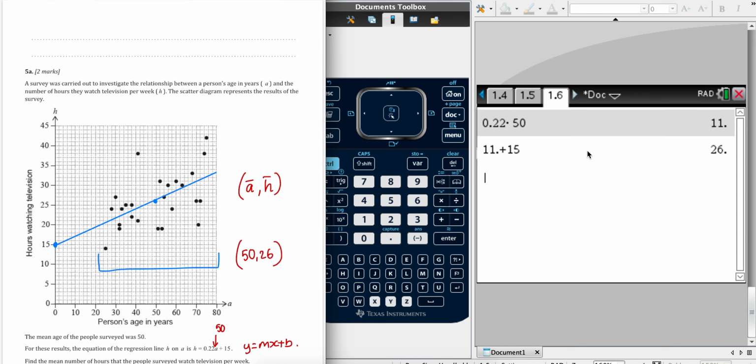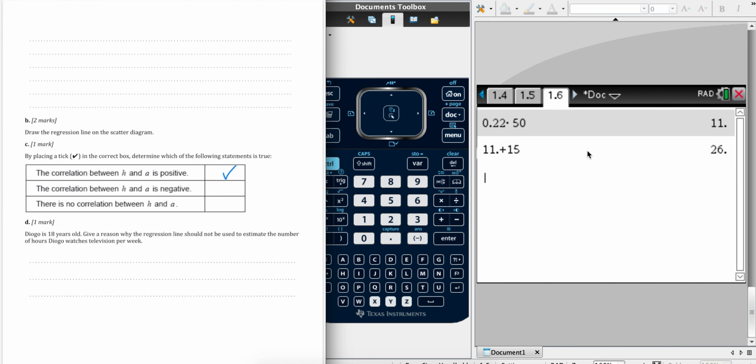And Diogo is only, how old was he? 18. So he fits here. And therefore it's extrapolation, and we're taking it outside of the range of values we've got. Okay, so writing anything to do with the fact that he's too young and that it leads to extrapolation.